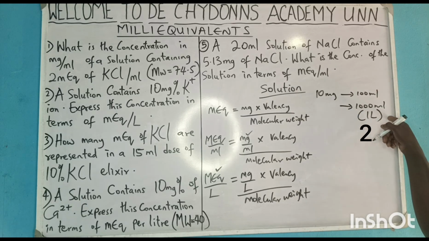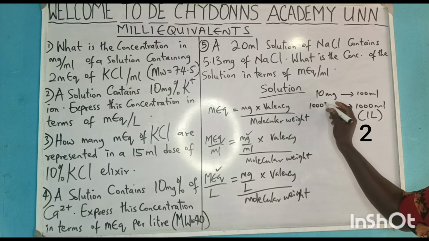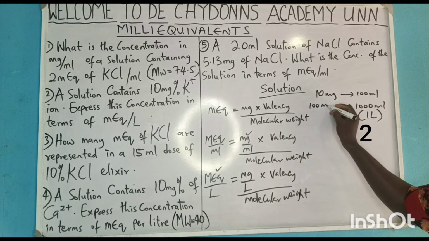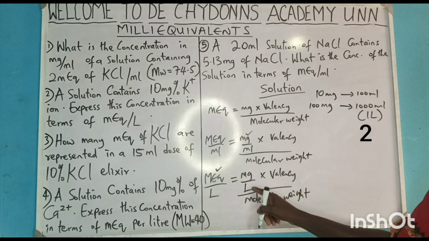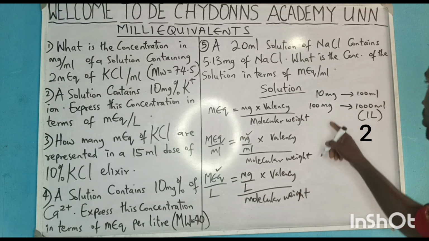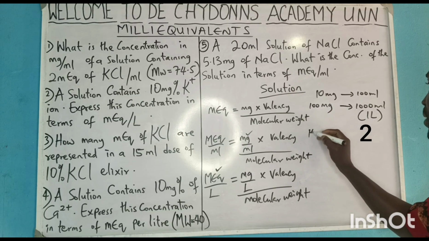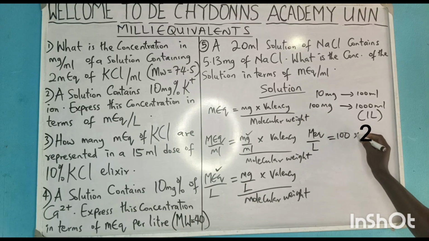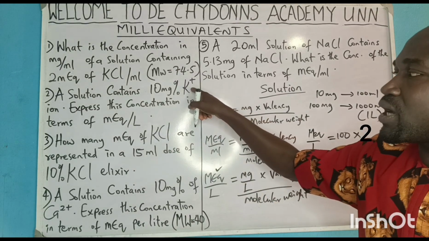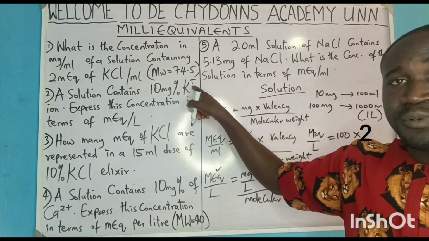In 1000 mil will be 1000 times 10 divided by 100. That will be giving 100 milligram. So that is 100 milligram per liter now. So the milliequivalent per liter I'm looking for is equal to 100 times... Now, because they are talking about potassium, they are specifying the cation. Valence of potassium is 1.